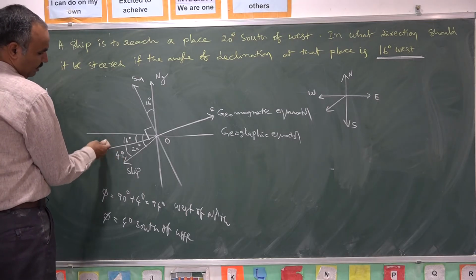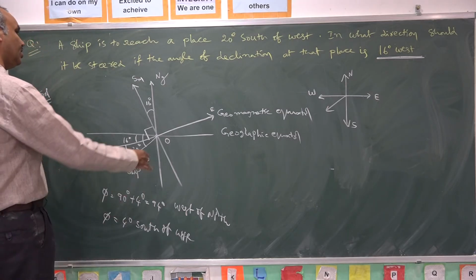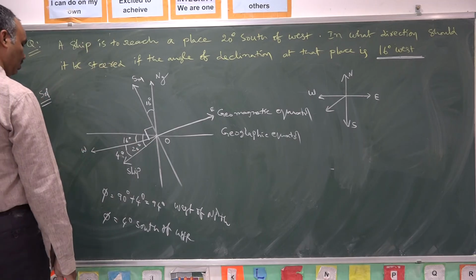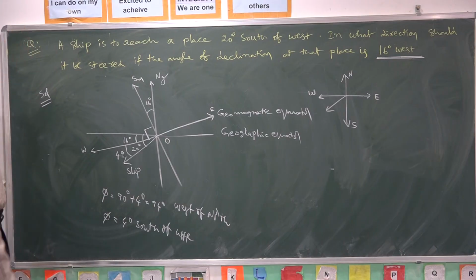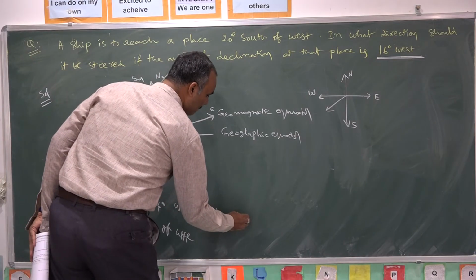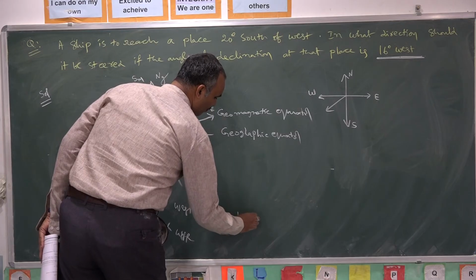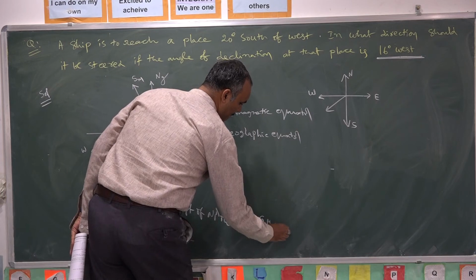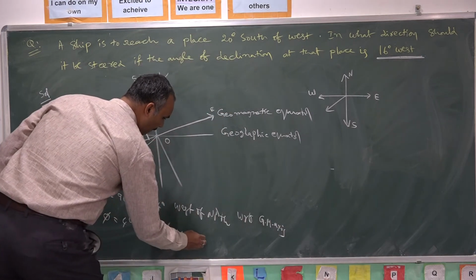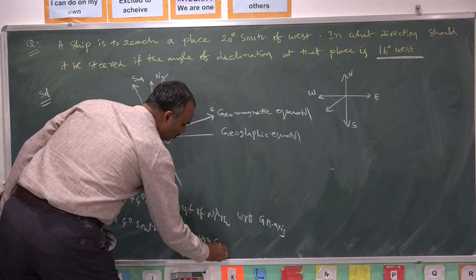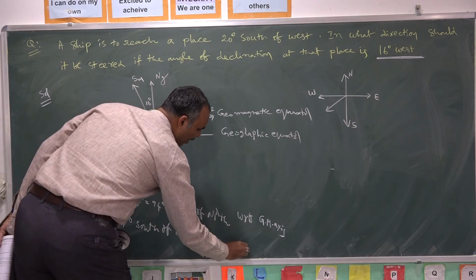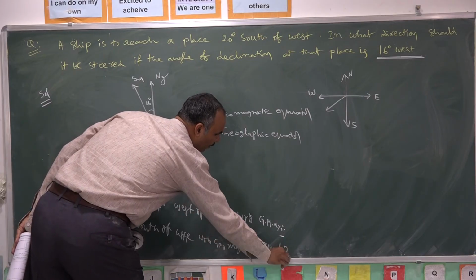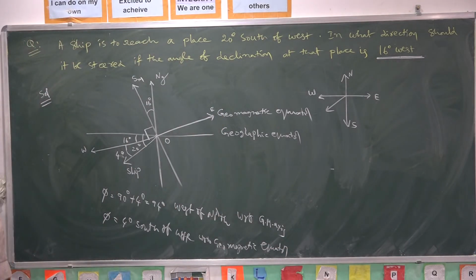If I speak about the geomagnetic axis, it should be 94 degrees west of north with respect to the geomagnetic axis. This is with respect to the geomagnetic equator. That is the solution for the question.